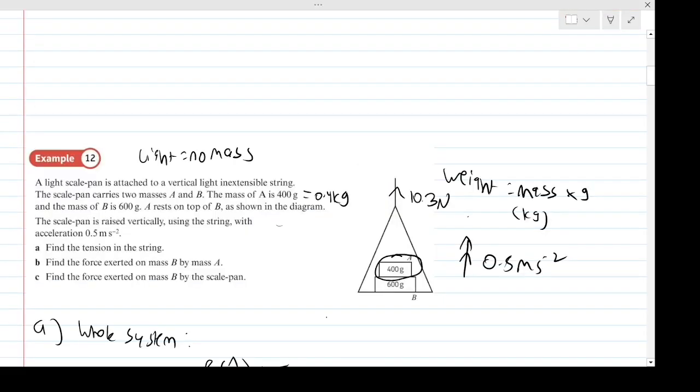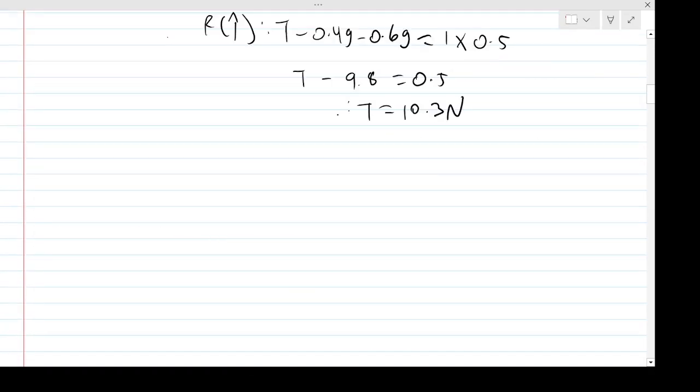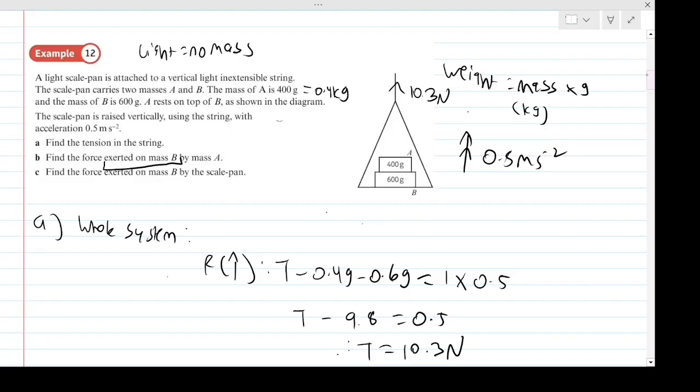For part B then, we want the force exerted on mass B by mass A. Mass B is in contact with mass A because mass A is on top of mass B. They're touching, right? So we want the force exerted onto mass B. If we consider mass B on its own, it will have its weight pulling it down.